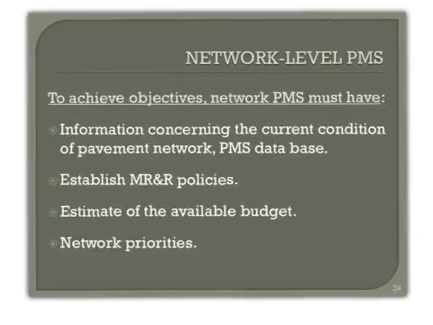So to achieve these objectives, network PMS must really have several components. The very first and foremost important is the information. That is, information concerning the current condition of the pavement network, as well as the PMS database. Once you have all the information required to run the database, now you need to establish, as I said before, maintenance, rehabilitation, and reconstruction policies. More or less like a decision matrix or a decision tree.